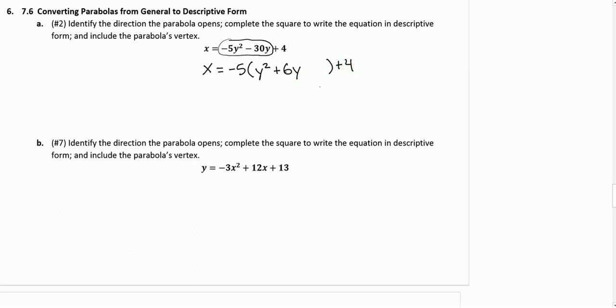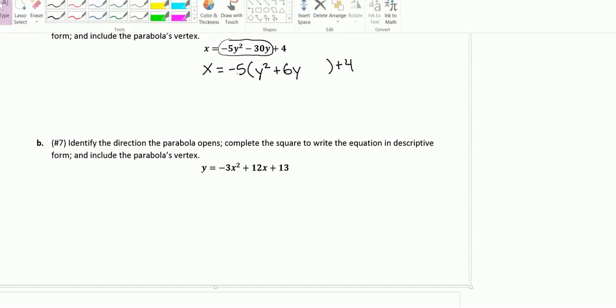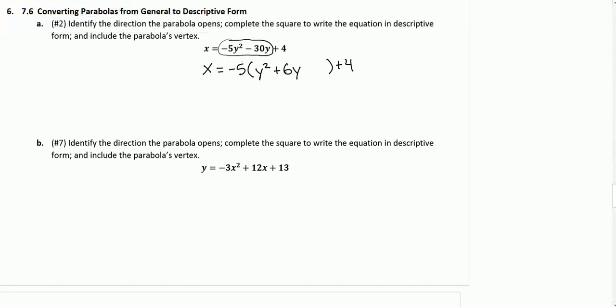You can always check to make sure you did this right by going back and distributing. If I multiply negative 5 times y squared, do I get negative 5y squared? Yes, we do. And negative 5 times 6y would be negative 30y, and you got the plus 4 tagged on at the end. So we haven't made a mistake. Everything's good. We're getting ready for it to be put in its correct form.